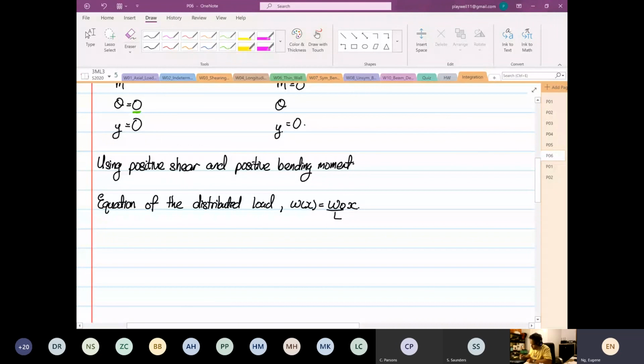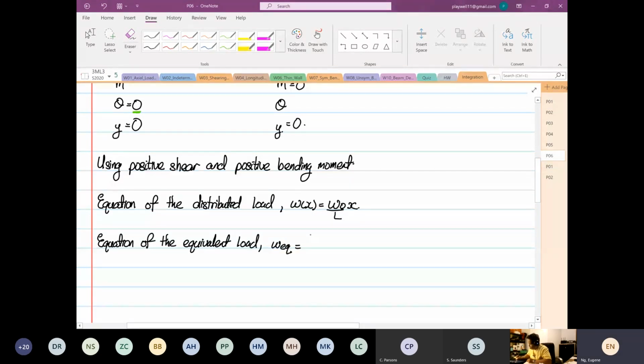We want to find the equation of the equivalent load, omega EQ.